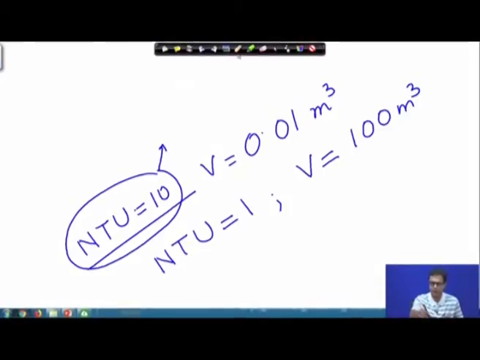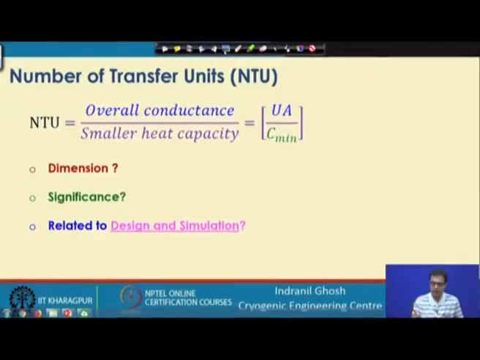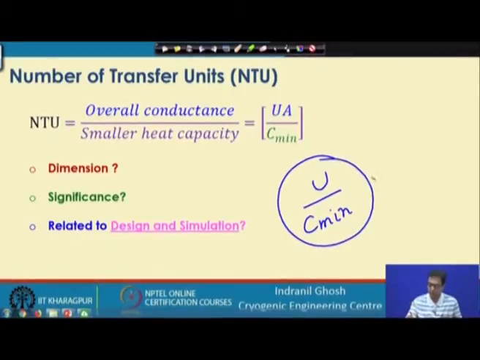But for a particular type of heat exchanger, if we find that UA by C mean, if this parameter is remaining constant or nearly constant, then we can say that this A is directly related to the NTU.